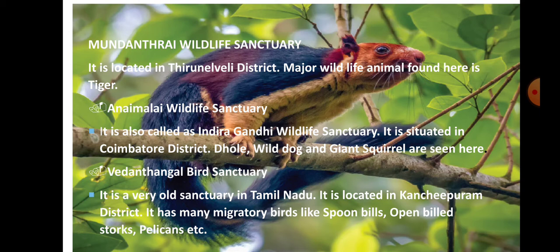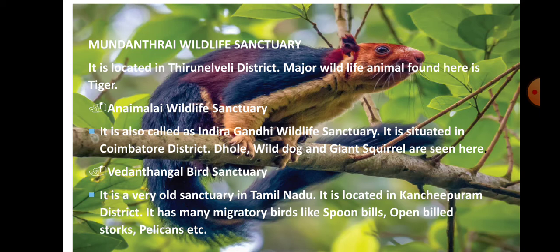Okay. And the animals that you can see there are wild dogs and giant squirrels. See how big the squirrel is. Yes, you can see some giant squirrels there. And apart from this, you can also see some other animals like dhole, wild dogs are also seen here.